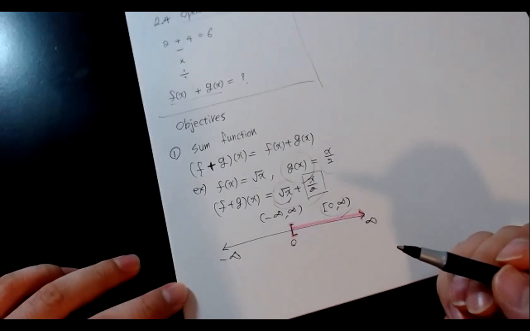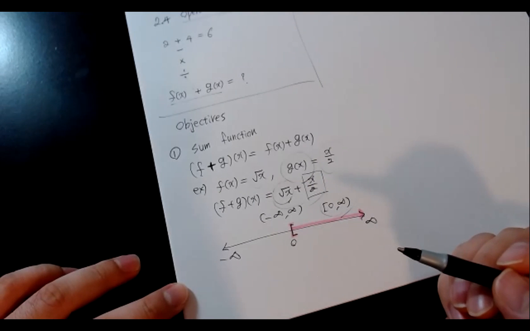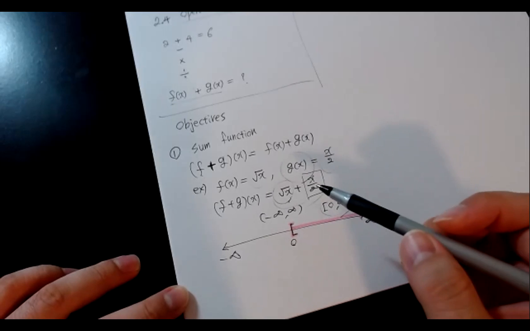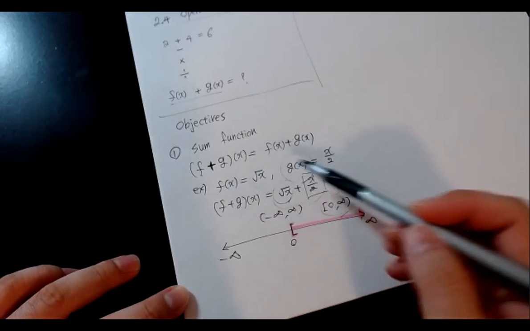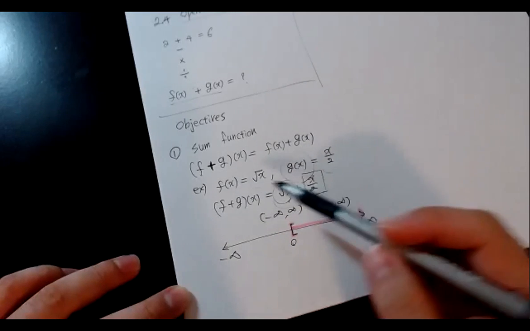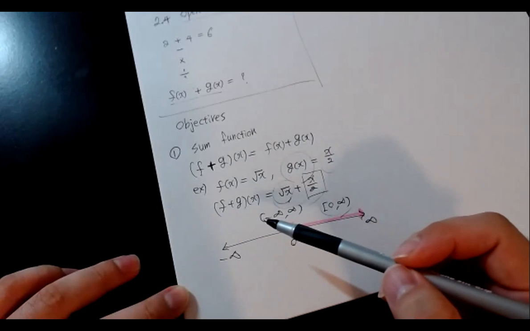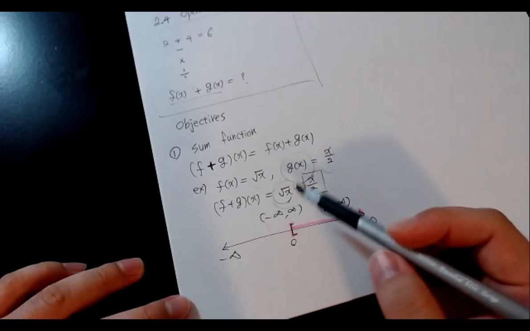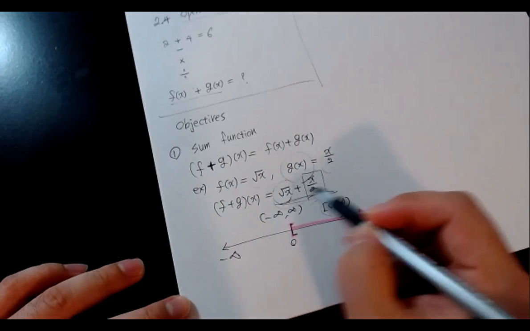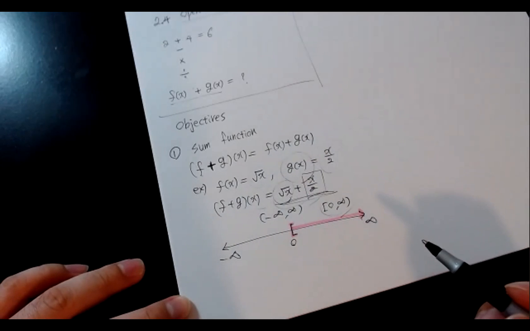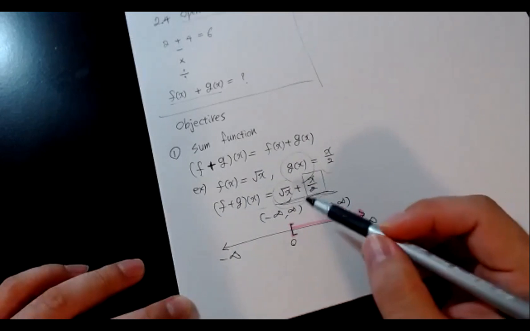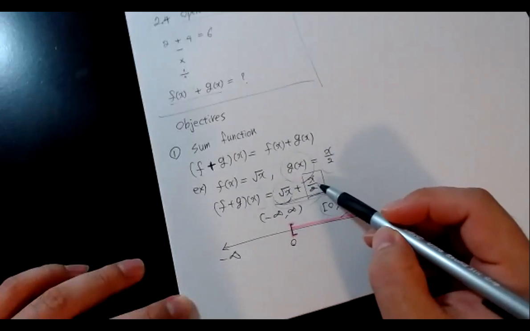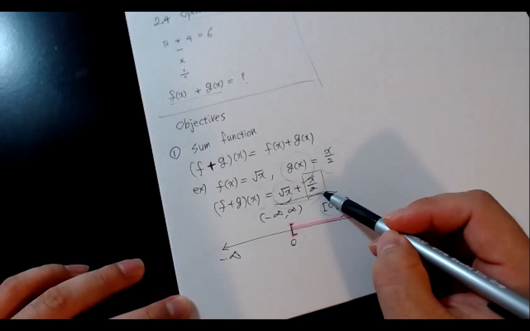So you don't necessarily have to find the domains of f and g and take the intersection to find the domain of the sum function. That is one way. The other way is to just look at the equation of the sum function and try to find the domain directly.